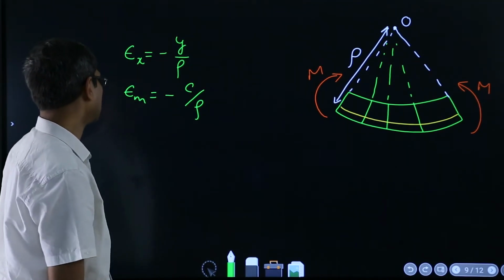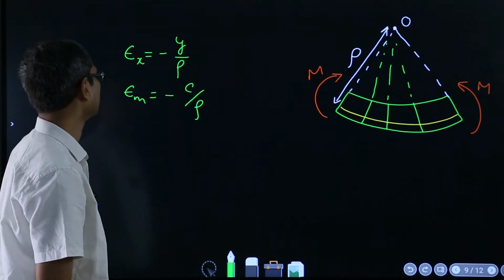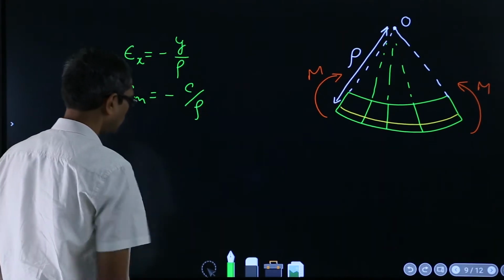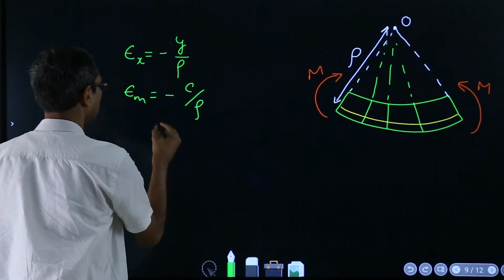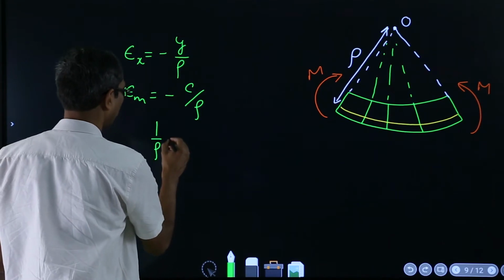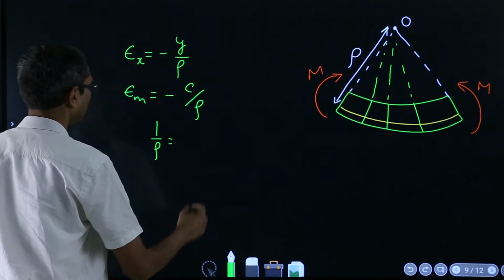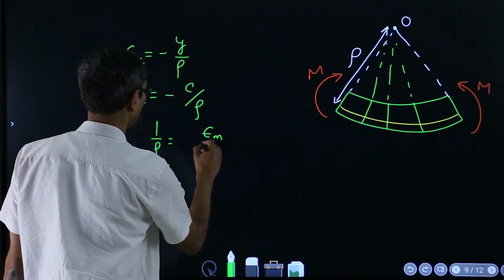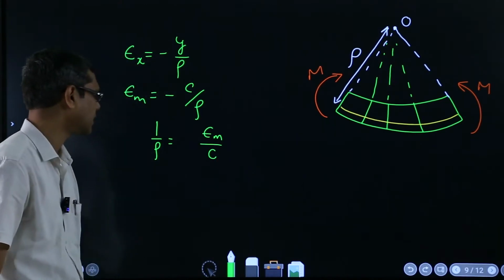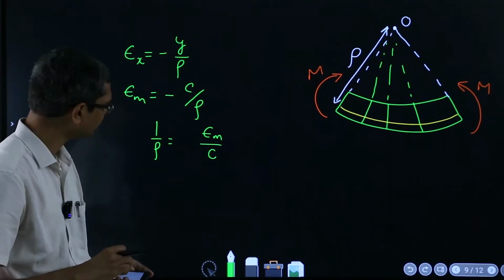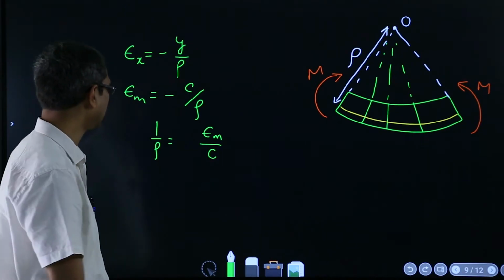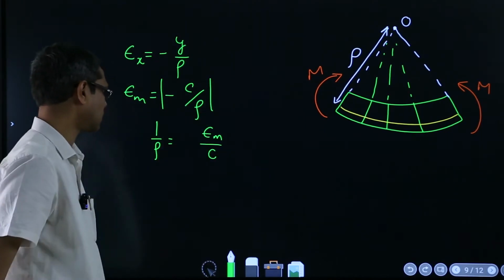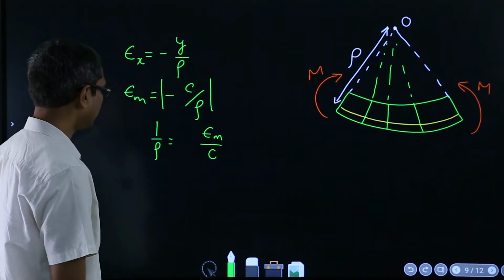And in fact, to see the absolute value of epsilon m, we just said that it's c over rho, from where we can write that 1 over rho, which is the curvature, is nothing but epsilon m over c, if we just neglect the sign, because epsilon m is the absolute value we are taking. That makes everything consistent with whatever we have used.